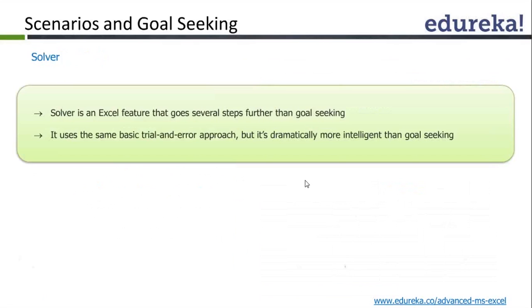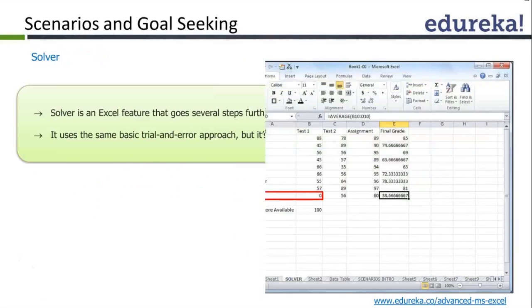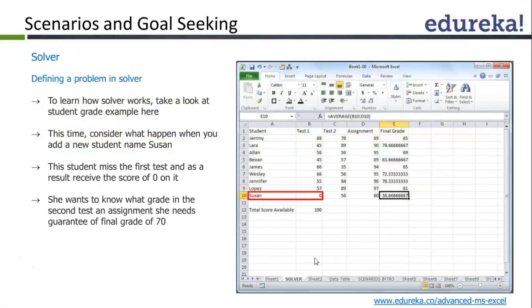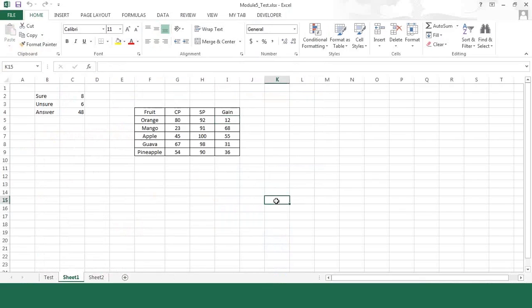This is how you can explain goal-seek and solver. So before we proceed with a similar slide, let's see how we get the add-in for solver. Let's say our Excel sheet is open.